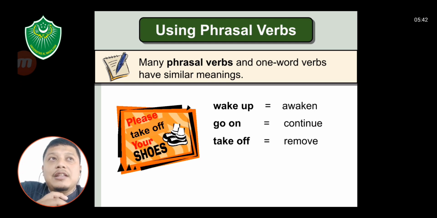Off means not on, not in the on position, or it can also mean go out from here. But the meaning is not like that. The meaning is to remove your shoes. So the phrasal verb tends to go against the original meaning. It's not like a compound verb. They have a different rule for that.